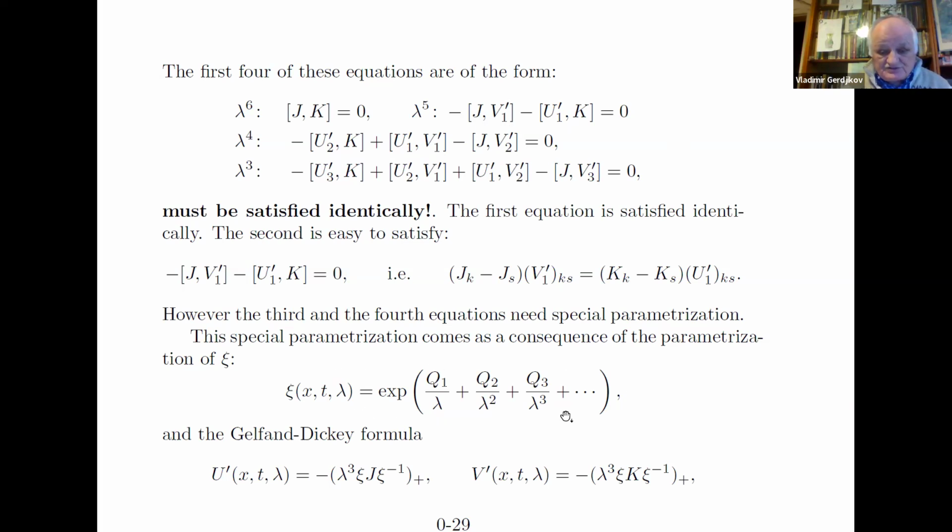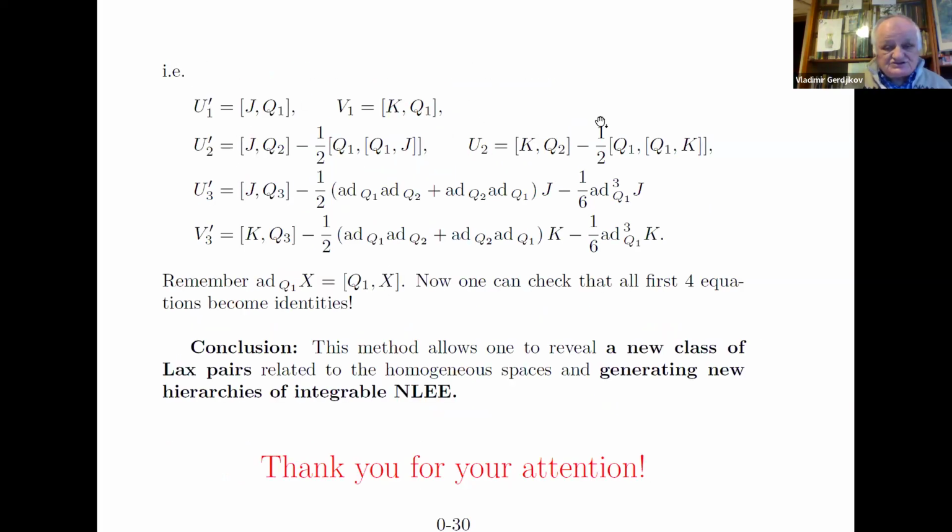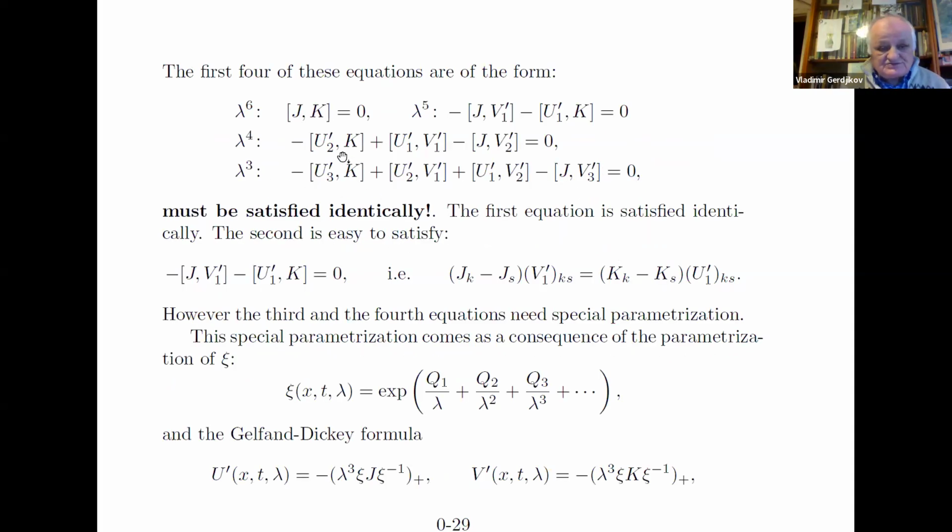So here I have put the first three terms in the parameterization of psi, and we have to calculate the polynomial parts of lambda cube psi J psi inverse, and here is the result. The good result is that after all, U1 prime, U2 prime, U3 prime satisfy these equations identically indeed.